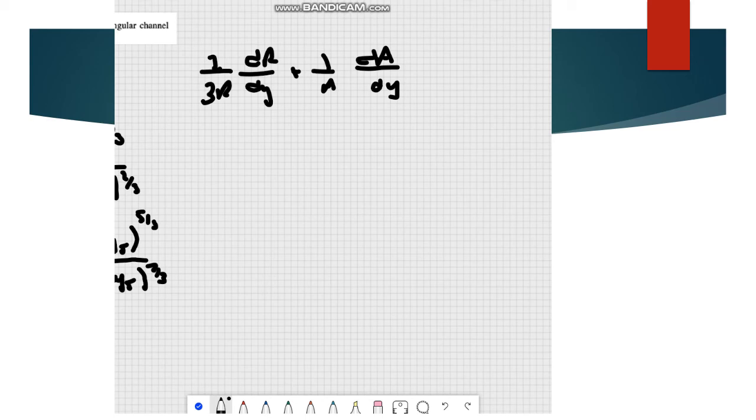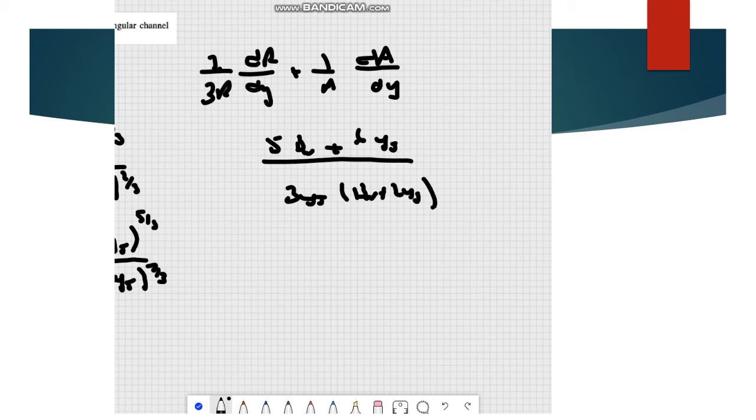So it is 5 b_w plus 6 y_j, over 3 y_j multiplied by b_w plus 2 y_j. It's already given in the table.